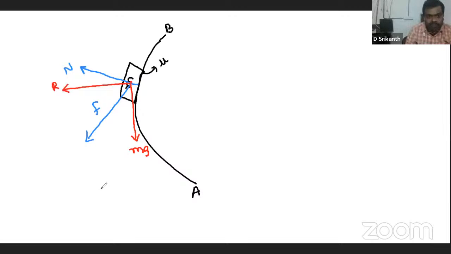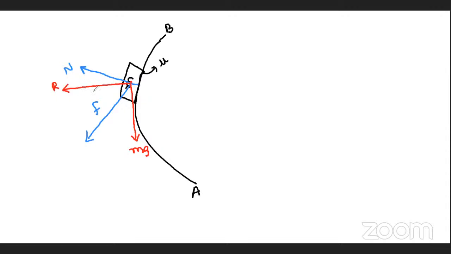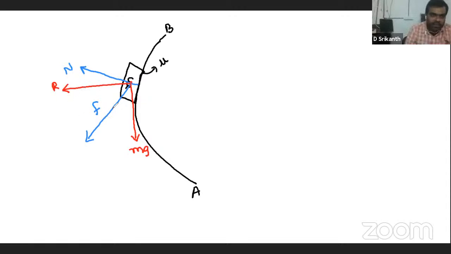The angle between the resultant force and the normal force can be called as phi. The angle between resultant force and normal force is the angle of friction.